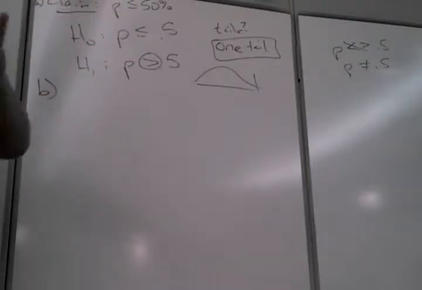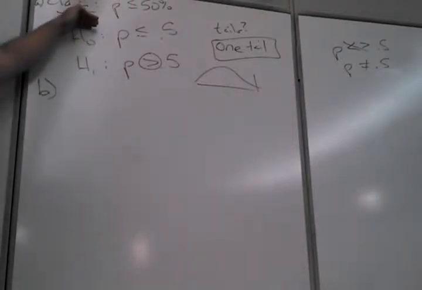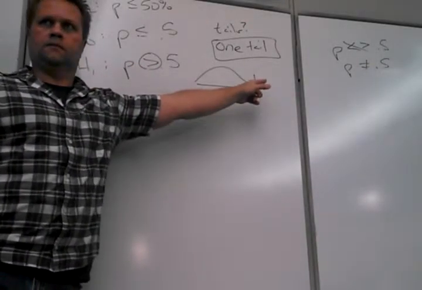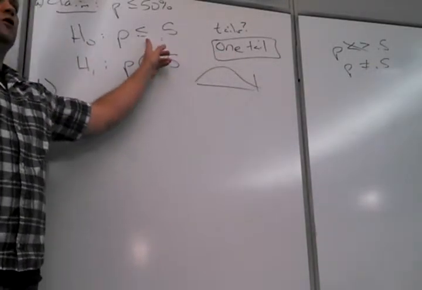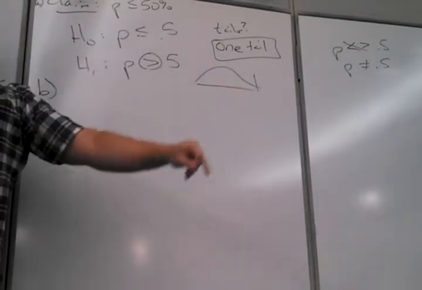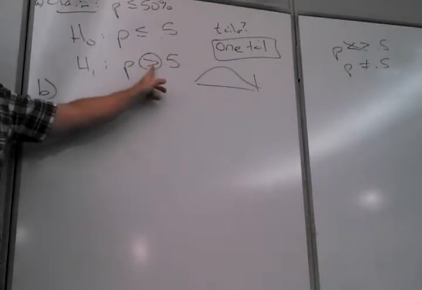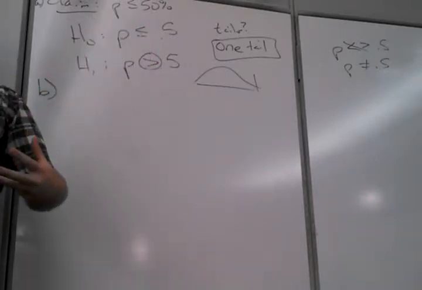Nothing more than that. That's it. It's by definition. H0 has to have an equal sign because H1 sets up where evidence is going to be. I can't prove it's equal to, but I can prove that it's greater than or less than or not equal to. So that's why H1 has no equal sign in it, by definition.